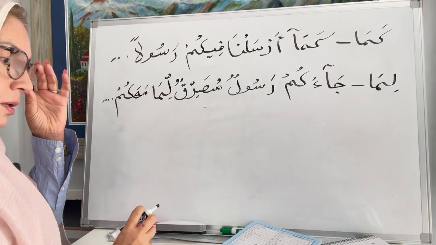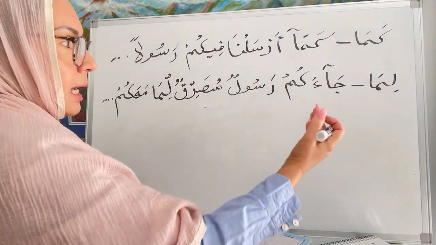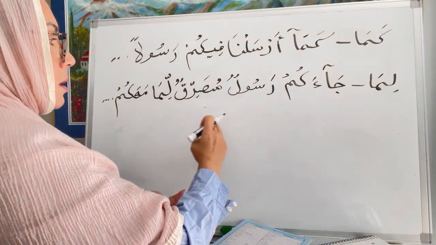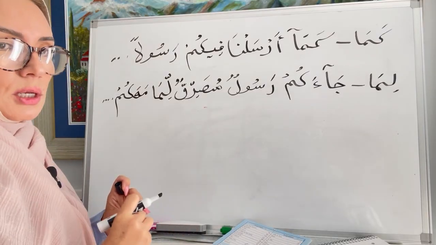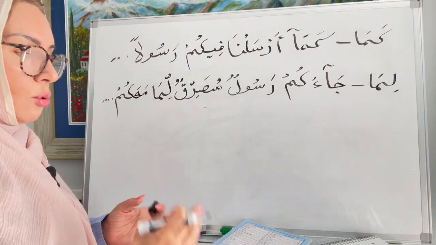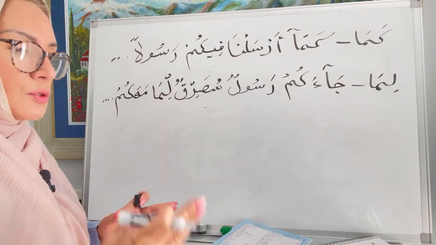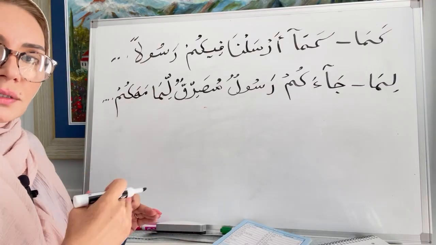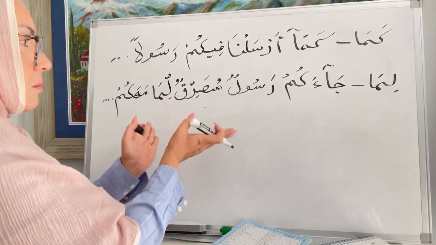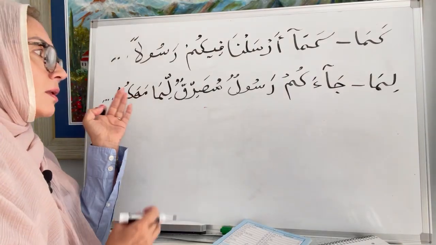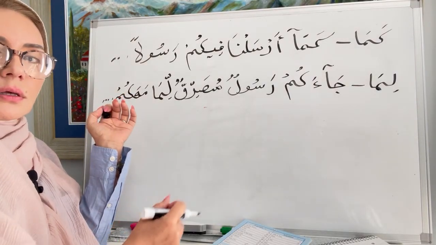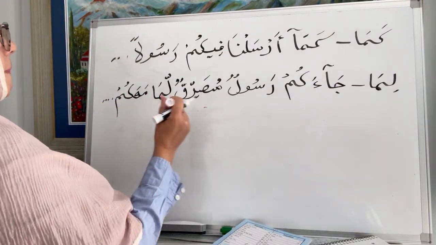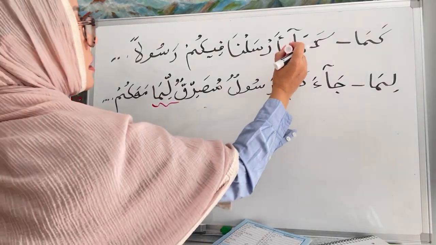And so it says a rasul came to you, musaddiq, to clarify, to show the proof, to prove to you that lima ma'akum, what is with you, meaning the Quran that is with you, is the truth. So the point is, oh sorry, I forgot to highlight these. Lima and then kama.